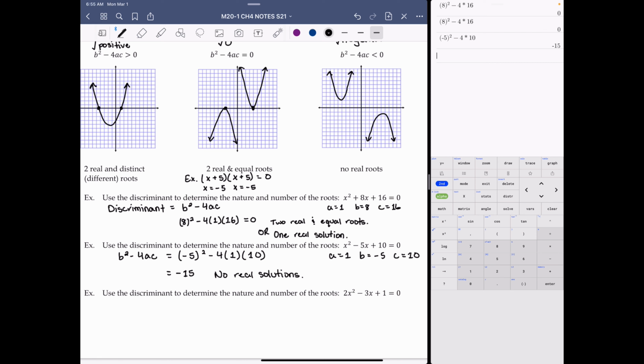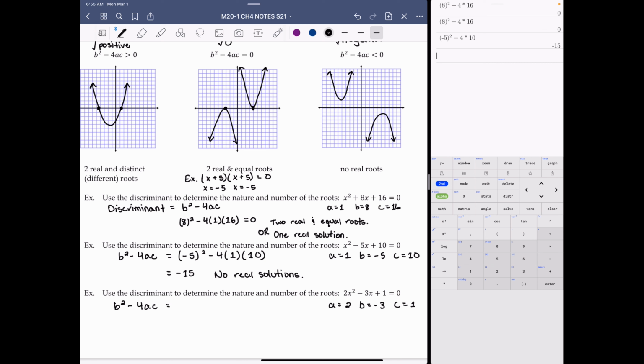Use the discriminant to determine the nature and number of roots for 2x squared minus 3x plus 1 equals 0. Here a equals 2, b equals negative 3, and c equals 1. The discriminant is b squared minus 4 times a times c.